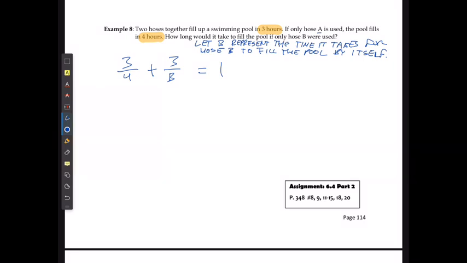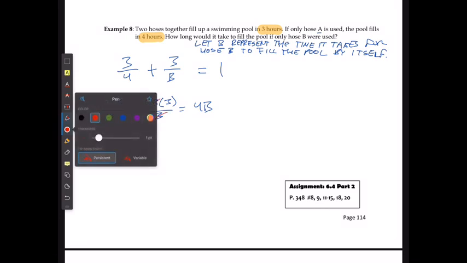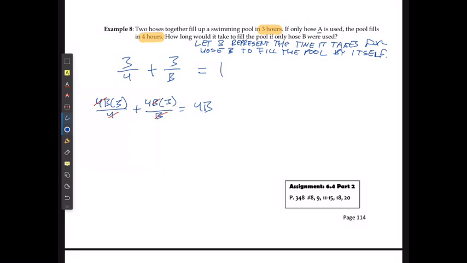So I can state that 4B times 3 over 4 plus 4B times 3 over B is equal to 4B. Cancel the 4, cancel out the B. And I can state that 3B plus 12 is equal to 4B. When I move the 3B over, subtract 3B from both sides, 12 is equal to B.